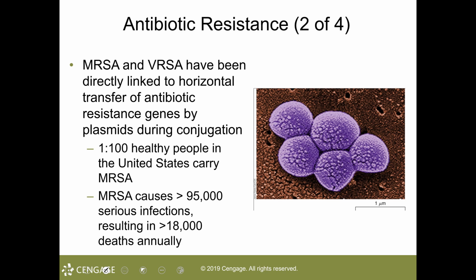And as I mentioned, it's now resistant. So 1 in 100 healthy people carry MRSA. And with that, MRSA causes more than 95,000 serious infections, resulting in over 18,000 deaths. So this is quite an important one to know.